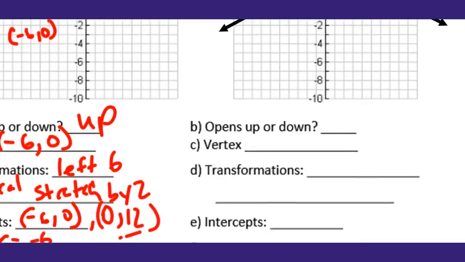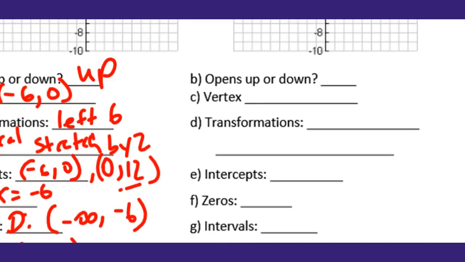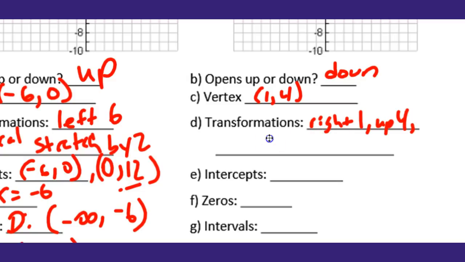Alright, anyway, I just want to answer these questions. This thing opens down. The vertex was (1, 4). The transformations were right 1, up 4, reflect over the x-axis, and vertical compression or shrink by half.